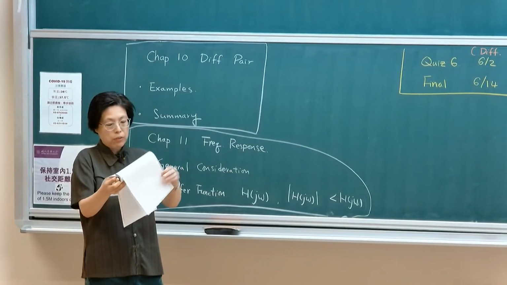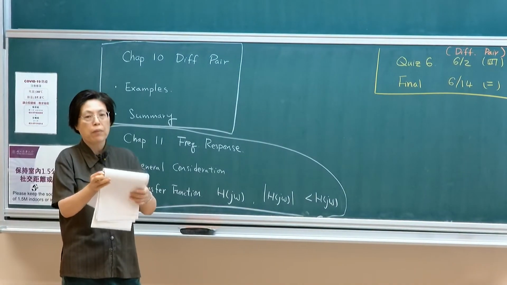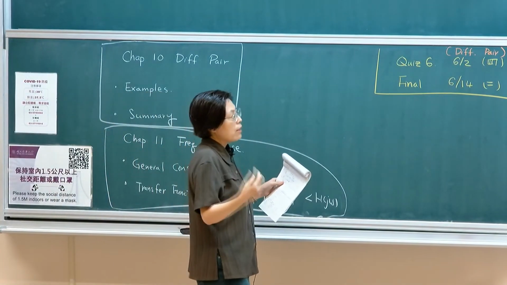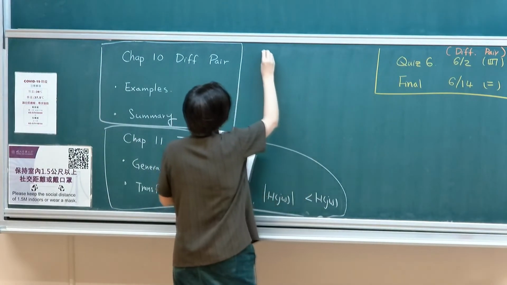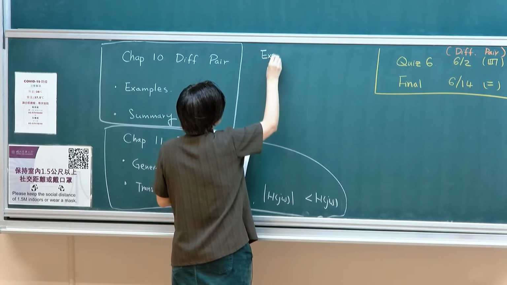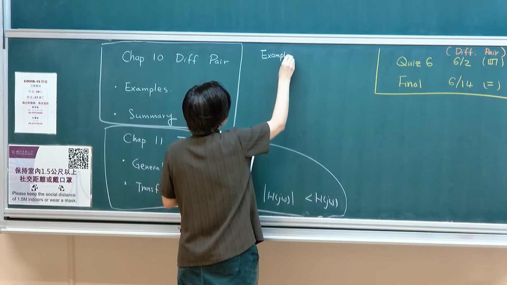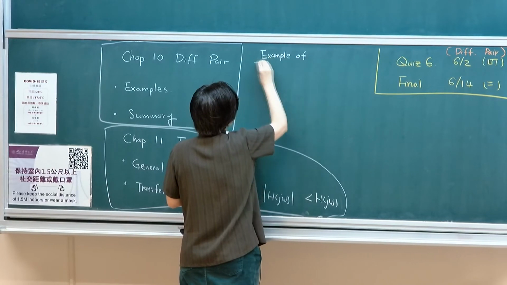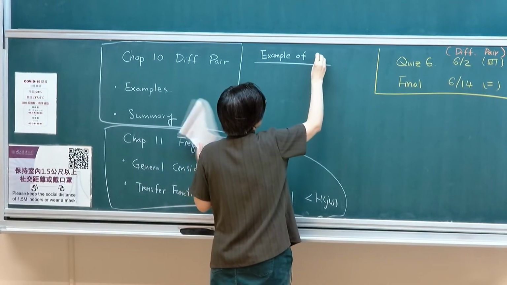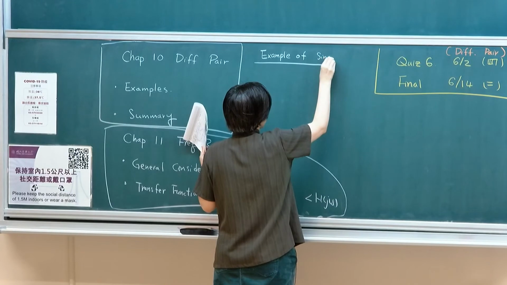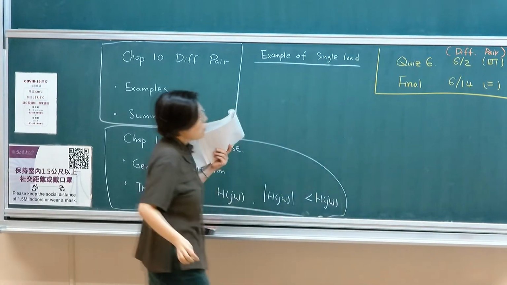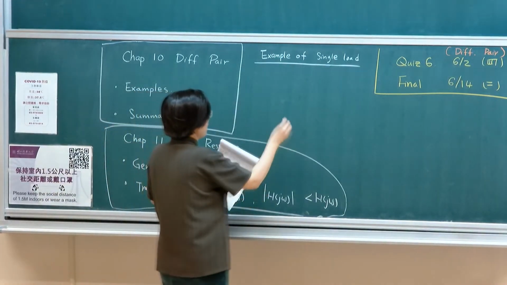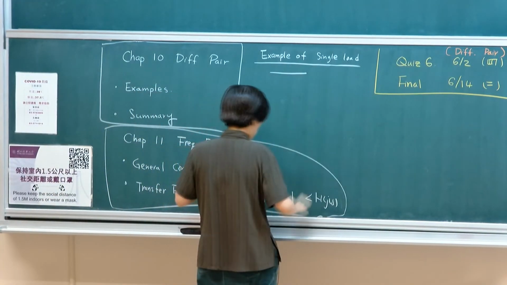You can actually go through the textbook, which has different examples. If you see these types of examples, you will get a sense of why they're doing this. I have a differential pair with a single load. Let me just give an example of what the circuit will look like.